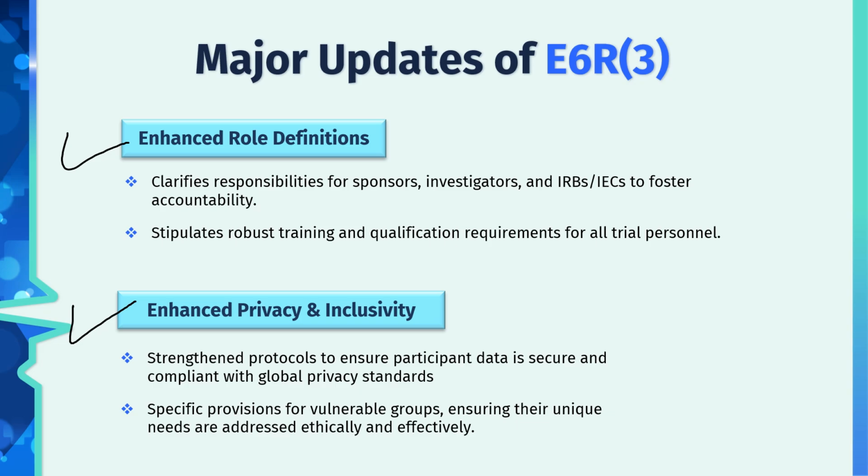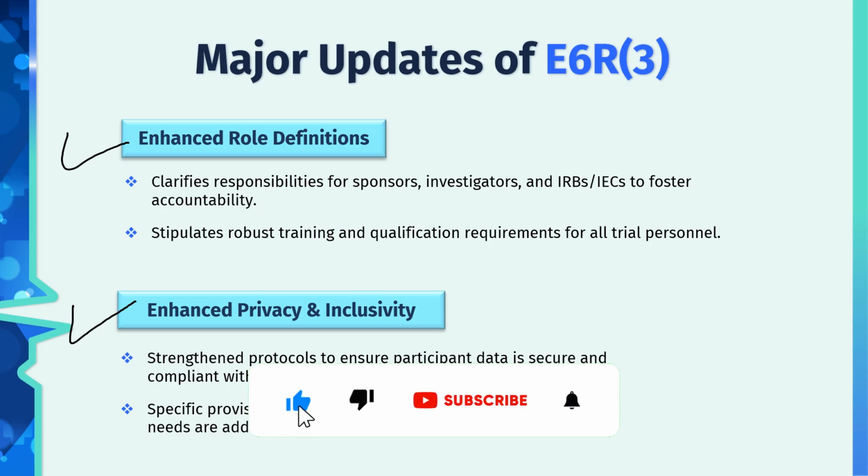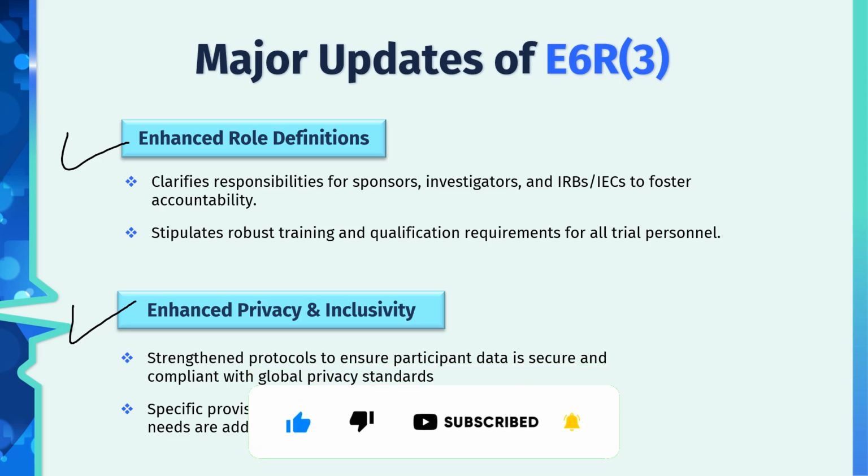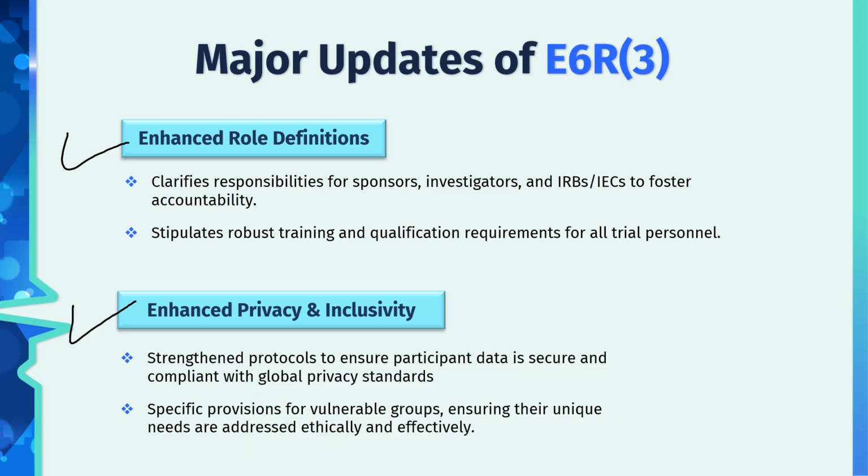In your protocol itself, you have to ingrain the requirements for the data to be collected, and not only collection but also how the data is going to be protected and secured as per global privacy standards. So in E6R3, global privacy standards are integrated into the GCP itself, and this will help enhance clinical trial design where privacy is also center stage.